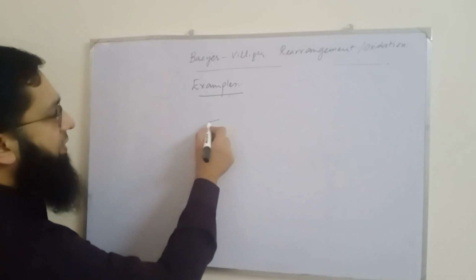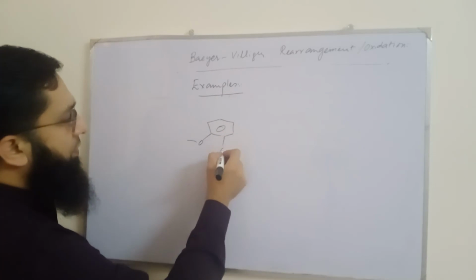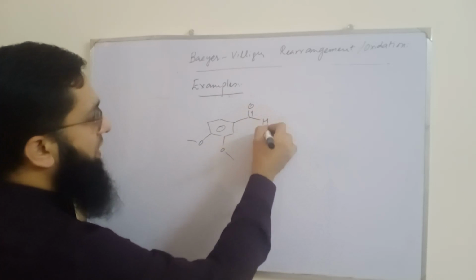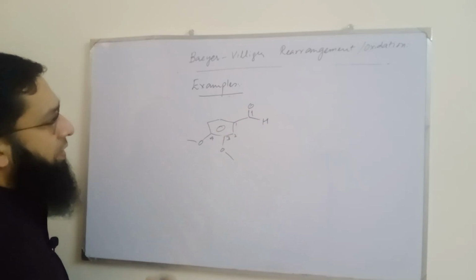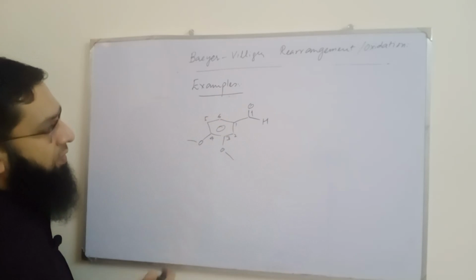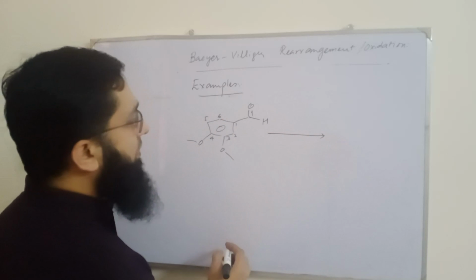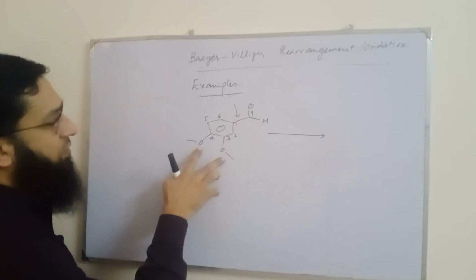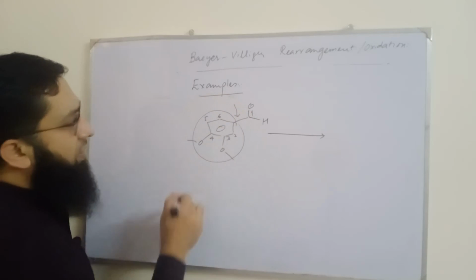And if we use this dimethoxybenzaldehyde, 3,4-dimethoxybenzaldehyde, because this is position 3, 4, 1, 2. So 3,4-dimethoxybenzaldehyde would result in the insertion of oxygen here, because presence of two electron donating groups is making this group migrate in Criegee intermediate.